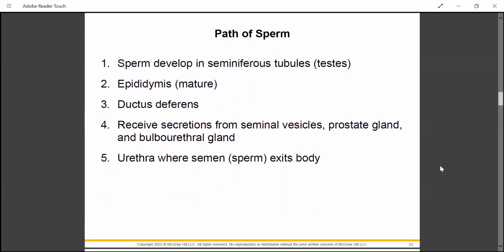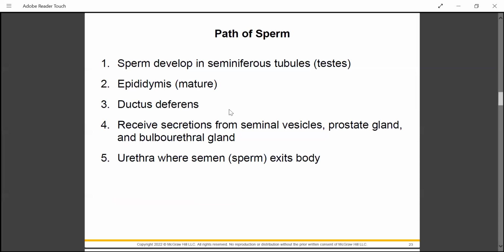And so here's just a little bit of a summary or reminder of what we just discussed in terms of the path of sperm. So the actual development of our immature germ cells occurs in the seminiferous tubules. And then once we have immature sperm there, they travel to the epididymis where they can mature further until they are ready to be introduced to the female reproductive system.